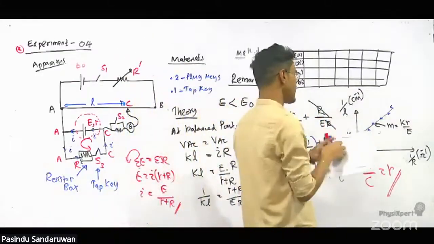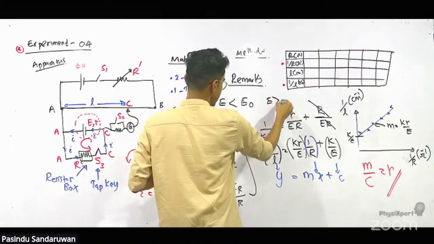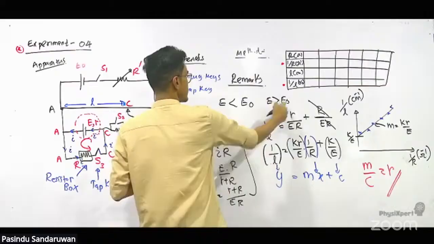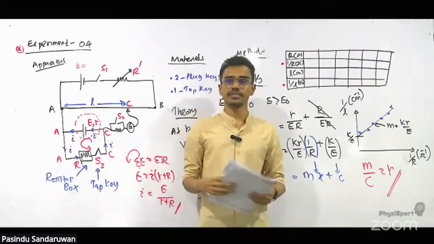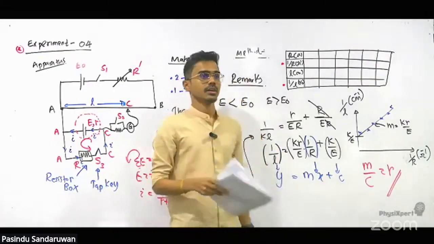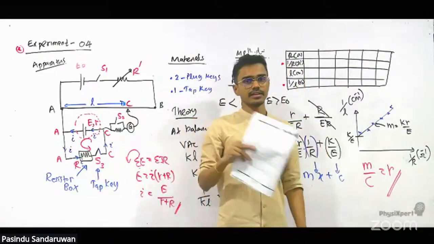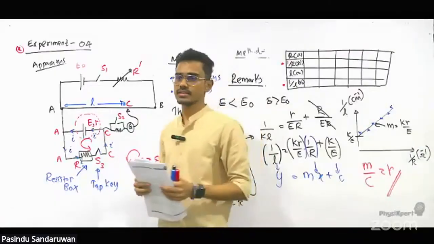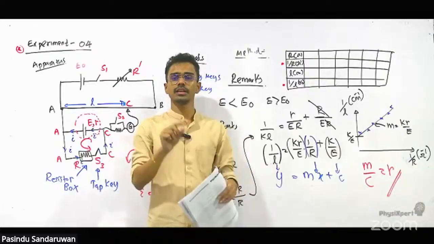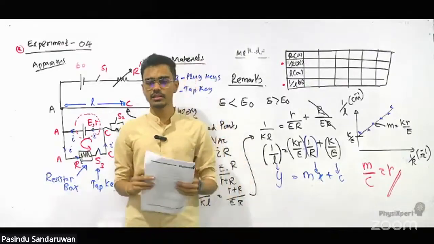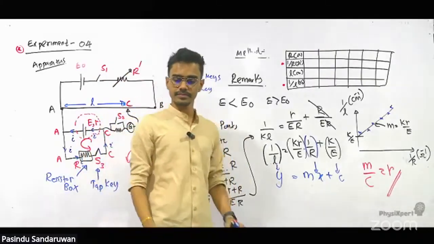Even if E is greater than E naught, if the potential difference across the cell is less than E naught, still a balance point can be obtained.